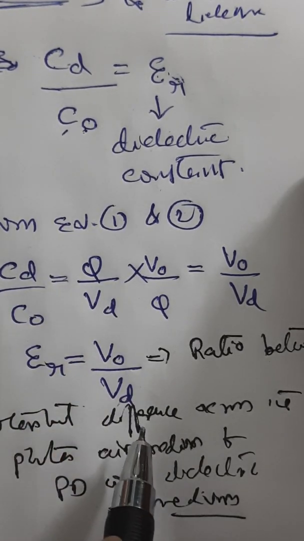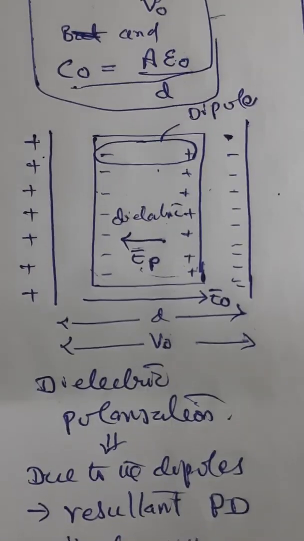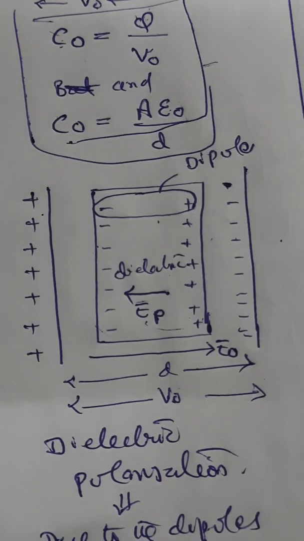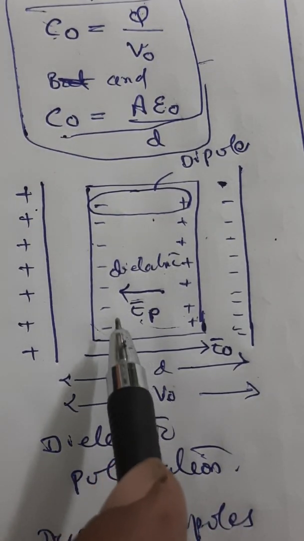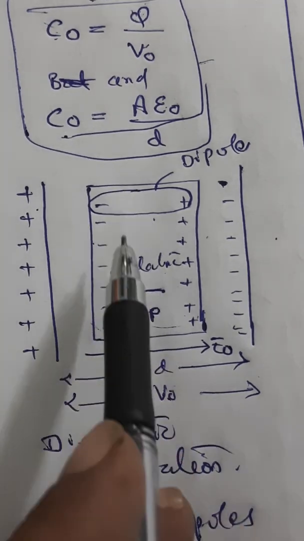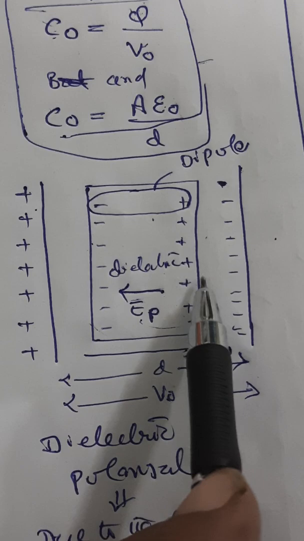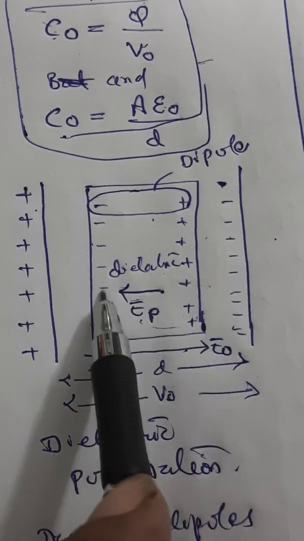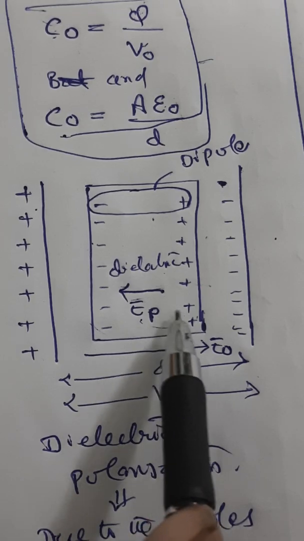Right? Now, from this second figure, if you see carefully, there is a field acting in this direction. Induced polarized electric field is acting in this direction. That means there is some net resultant electric field acting.